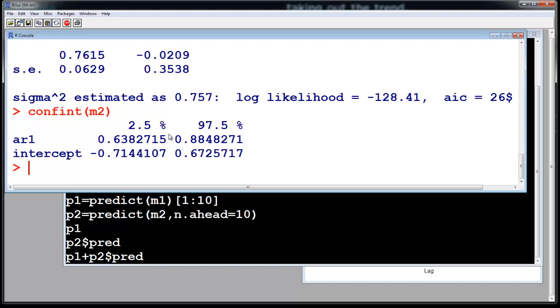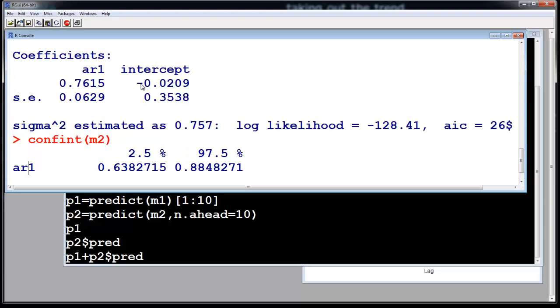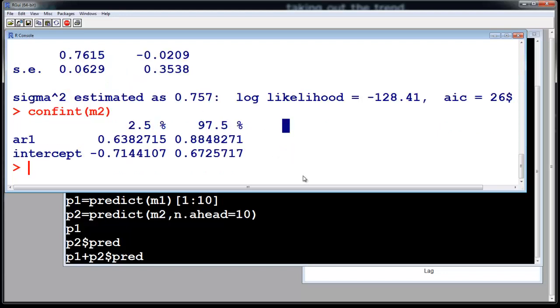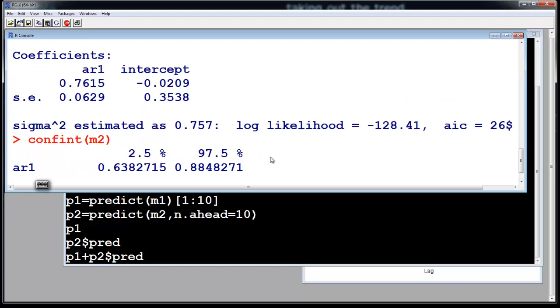It does not have 0 in it, so what we have found is significant, and the intercept contains 0. So the intercept is insignificant. This minus 0.02 is actually statistically equal to 0 because both minus 0.02 and 0 lie in the confidence interval, whereas this value of 0.76 is what we want.